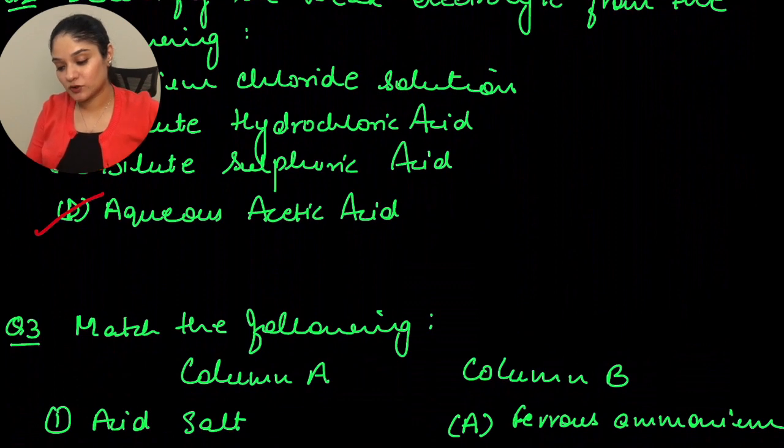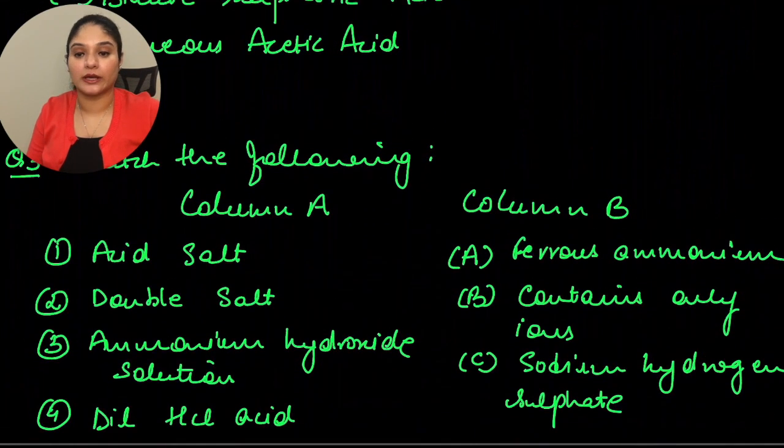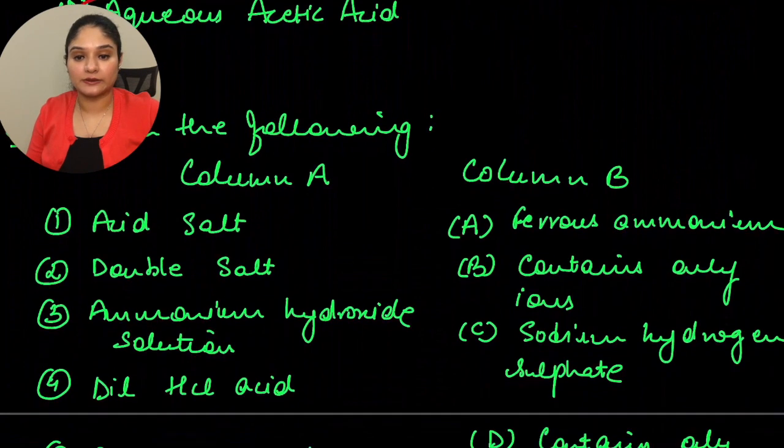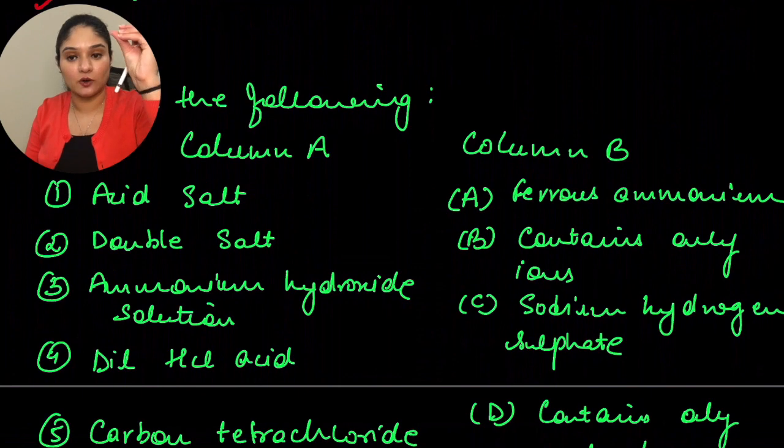Let's move to the next one. The next is match the following. The first column has acid salt, double salt, ammonium hydroxide solution, dilute HCl and carbon tetrachloride. I think the question is visible now. Okay, let's start with the first one, the acid salt. For acid salt, you have to always remember that it will have a hydrogen in between.